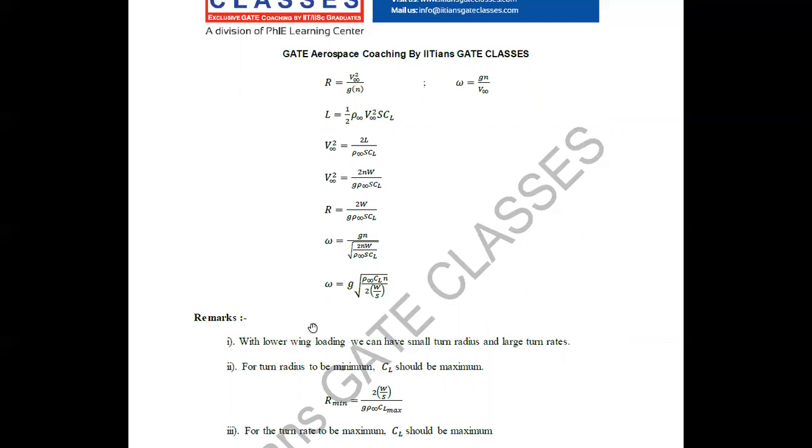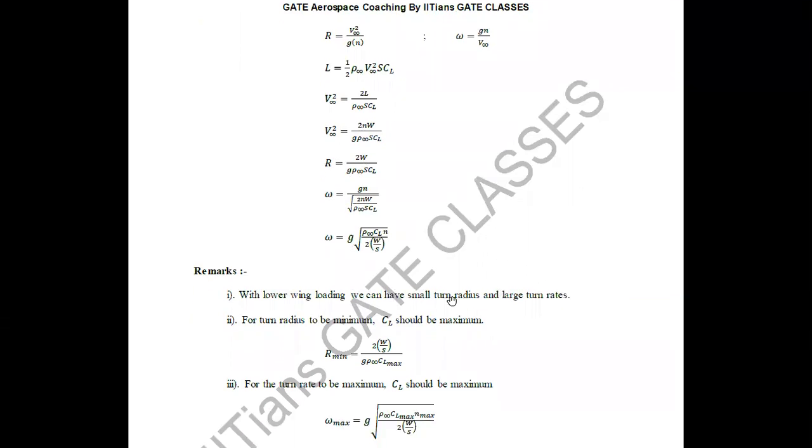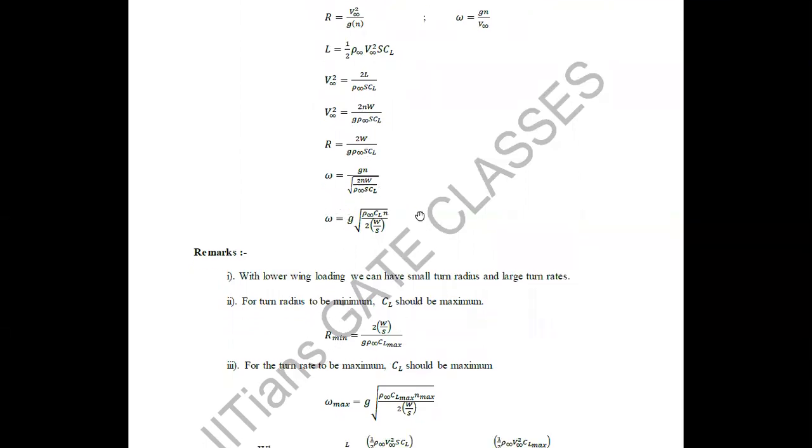In order to have a larger turn rate, wing loading should be minimum. With lower wing loading, we can have a smaller turn radius and a larger turn rate. One more thing: from this equation, for turn radius to be minimum, CL should be maximum. For turn rate to be maximum, CL should be maximum.